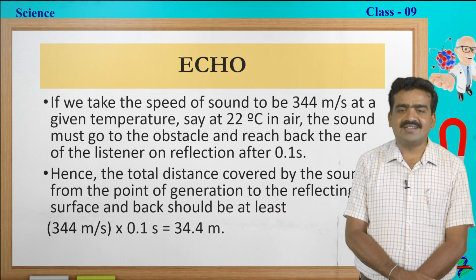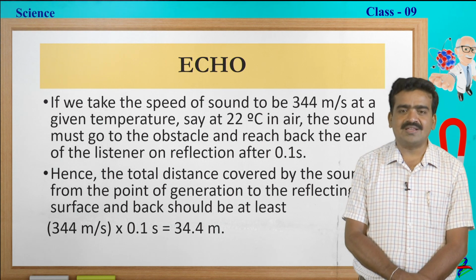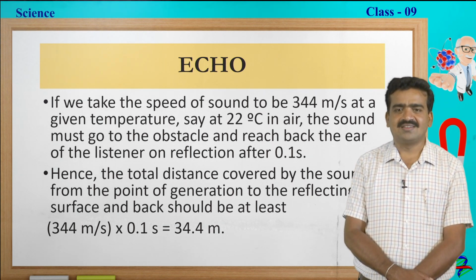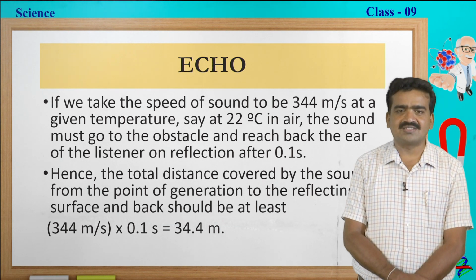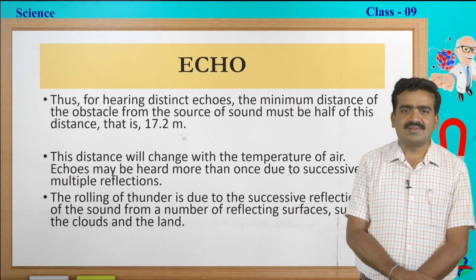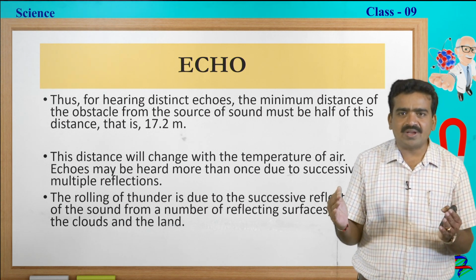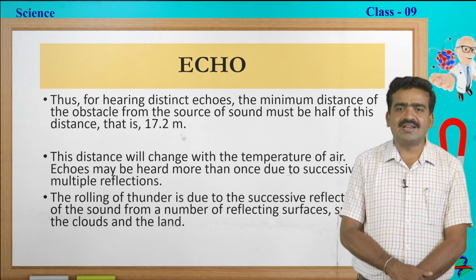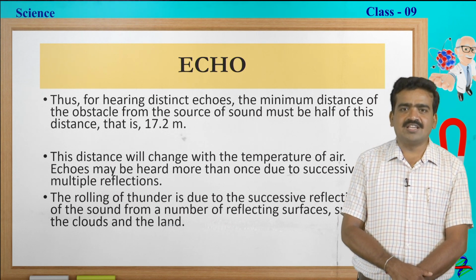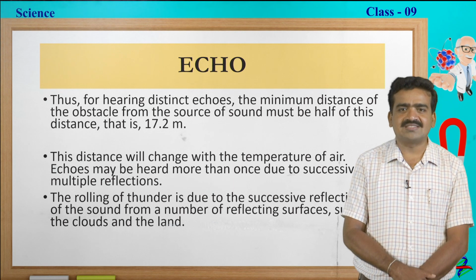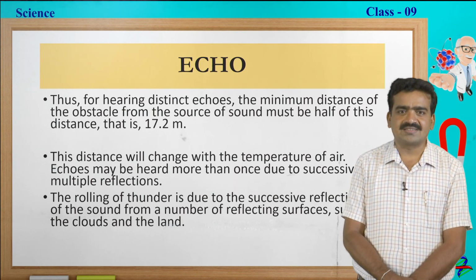That means it is the time lapse between the sound produced by the listener and hearing the reflected sound back. Thus, for hearing distinct echoes, the minimum distance of the obstacle from the source must be half of the given length, that is 17.2 meters.